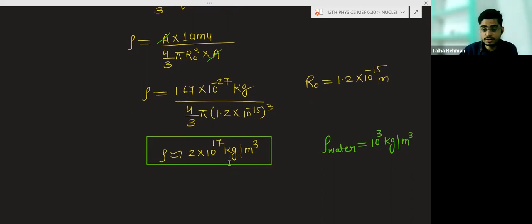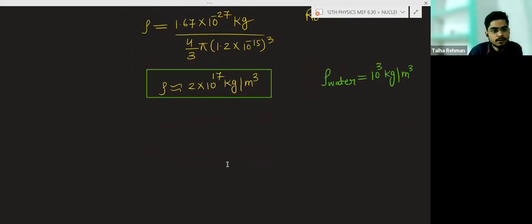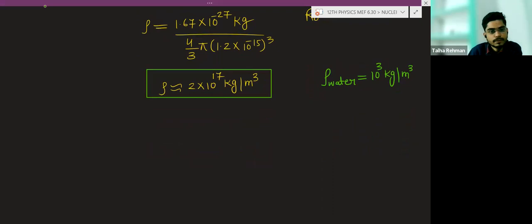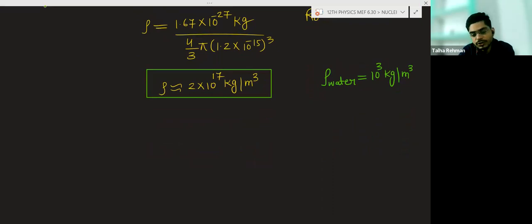So you can write one statement here. If someone is saying that for all nuclei the density is the same, that statement is not true. For different nuclei, the density will vary slightly.